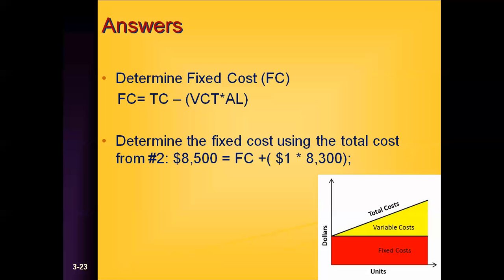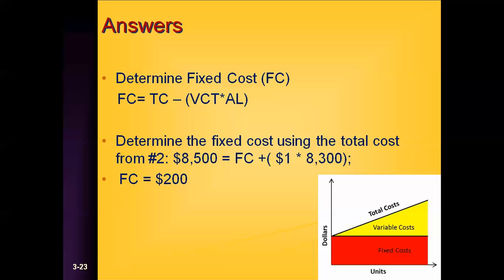We had $8,500 as the data point for the cost at the 8,300 unit level. We determined the variable component, or slope, was $1. We essentially do the math, and so the fixed cost at that particular point is $200.